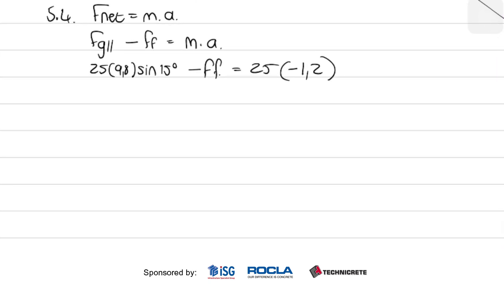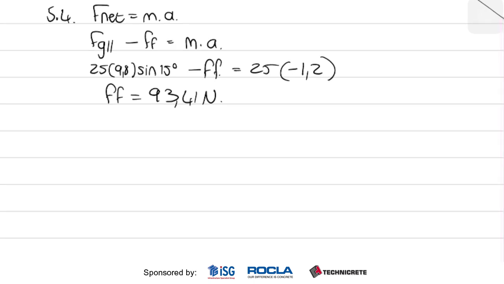Now, if we put this into your calculator, take that across, you should get a value for frictional force equal to 93,41 newtons. And that should give you your final frictional force between B and C if your acceleration is 1.2.